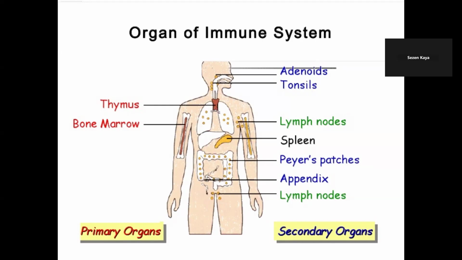Also important are Peyer's patches and the appendix inside our intestine, where we have maturation of B lymphocytes. Also differentiation happens in lymph nodes, adenoids and tonsils. These are the secondary organs of the immune system.